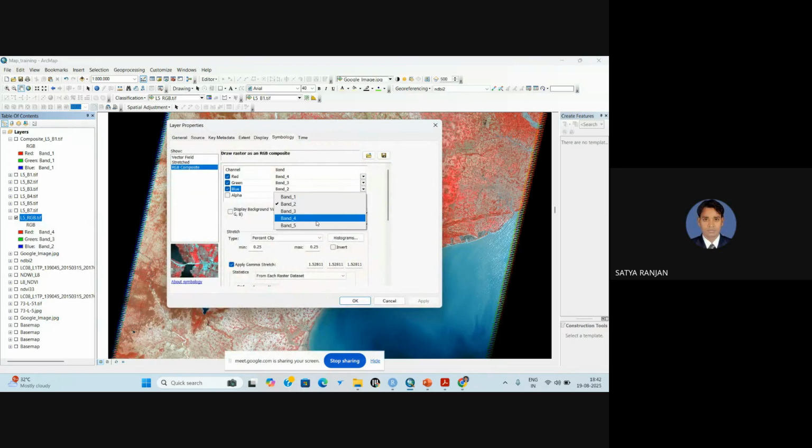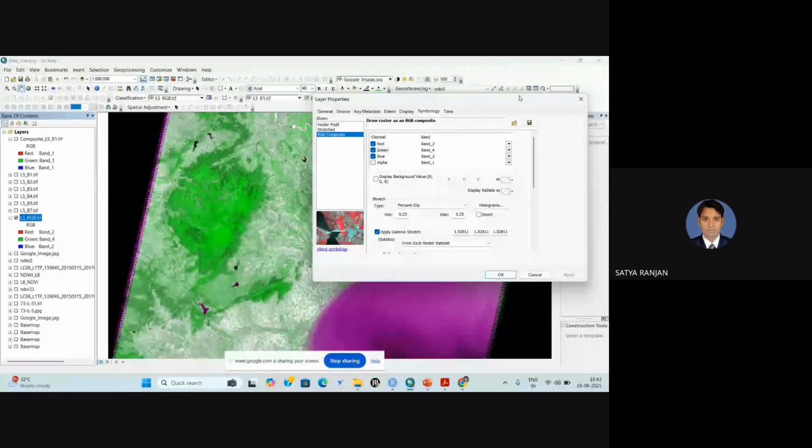For blue it is band 2, for blue-green it is band 3, and for red it is band 4. If you change the band wavelength, then it looks like a different color.